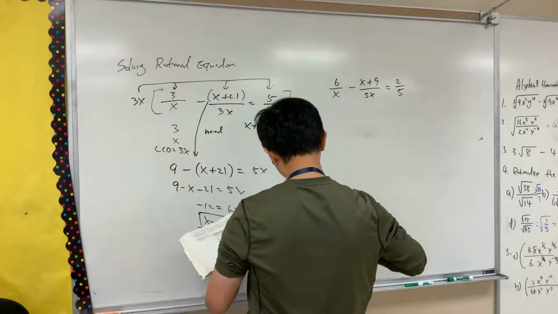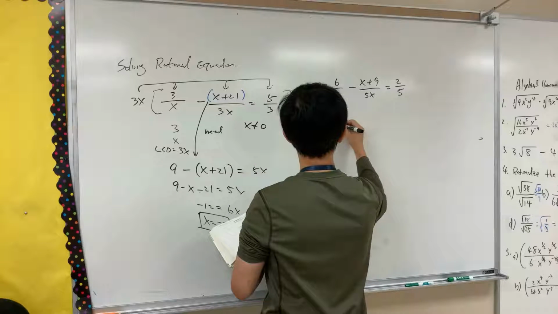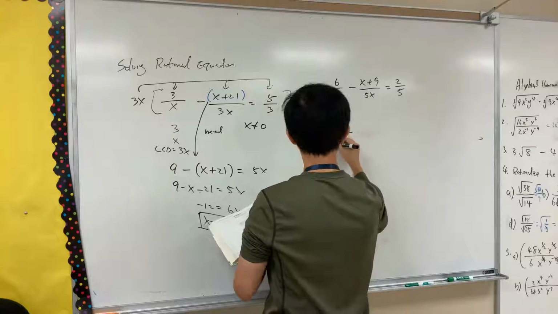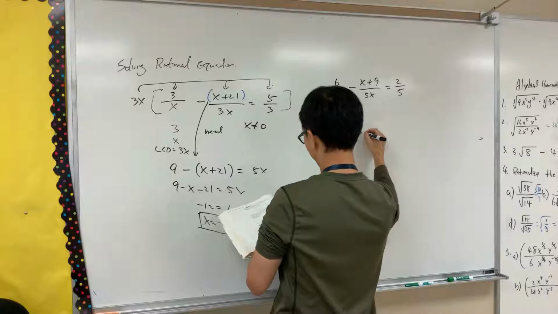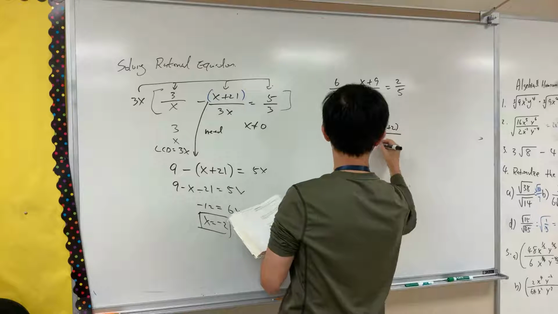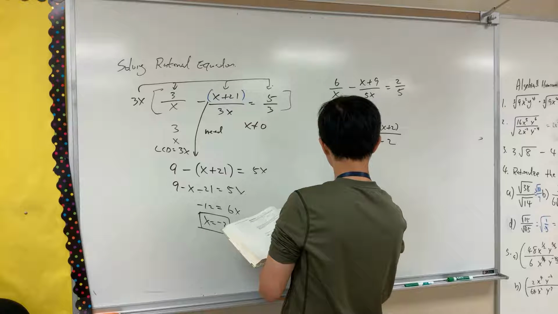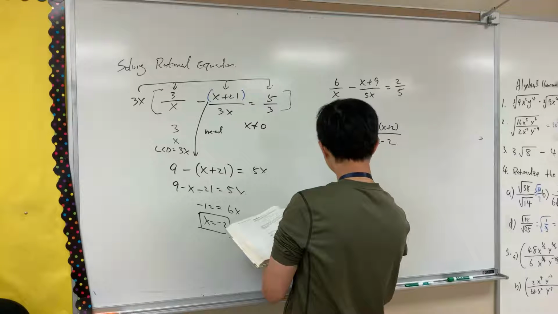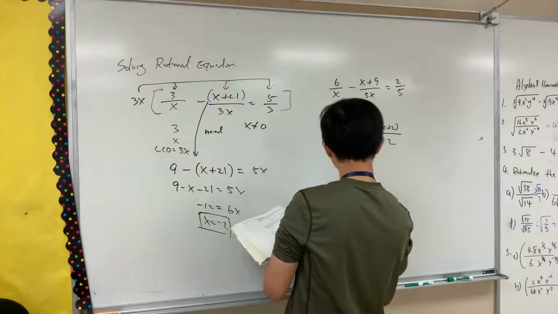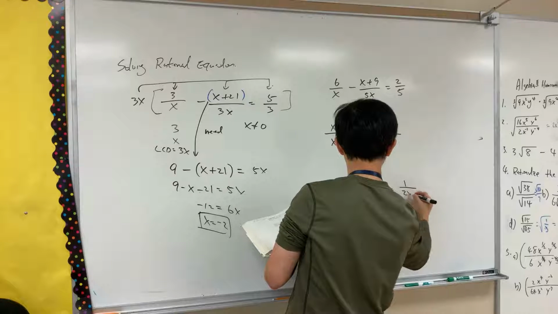The second one is x plus 6 over x minus 2 is equal to 2 times x plus 2 over x minus 2. The third one is going to be 2x over 2x minus 1, plus 1 over x is equal to 1 over 2x minus 1. This one, wait for me to go over it.